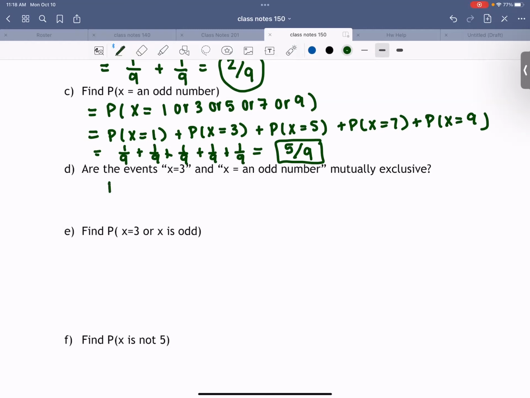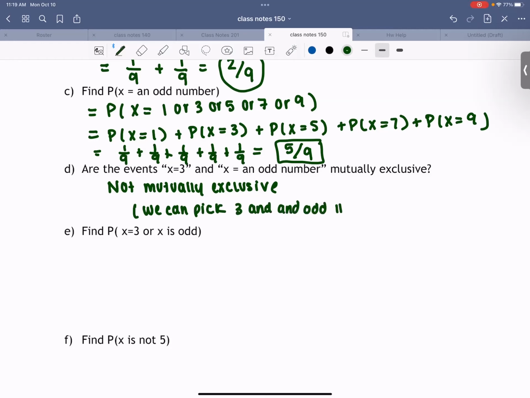So this is actually not mutually exclusive, because there is a way to get 3 and an odd number at the same time. We can do that by picking 3.